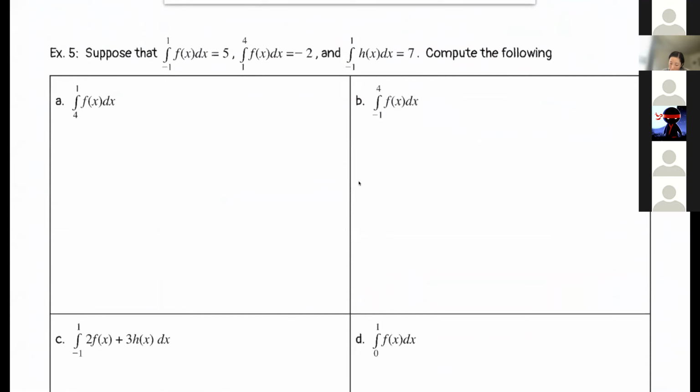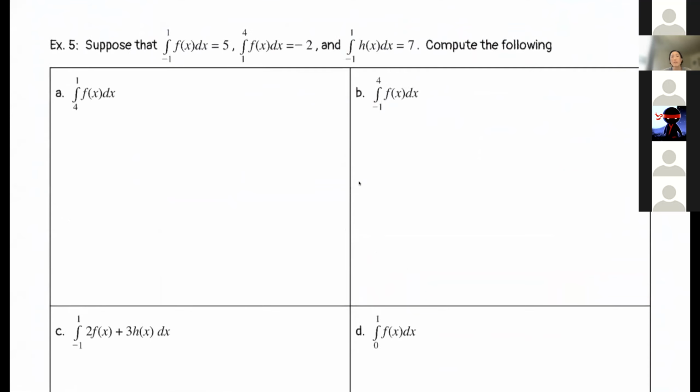And so let's think about what this means, all right? So this is a very typical kind of question. It is very abstract in the sense that you have numbers for the bounds, like -1, 1, 4. However, you do not have any pictures.